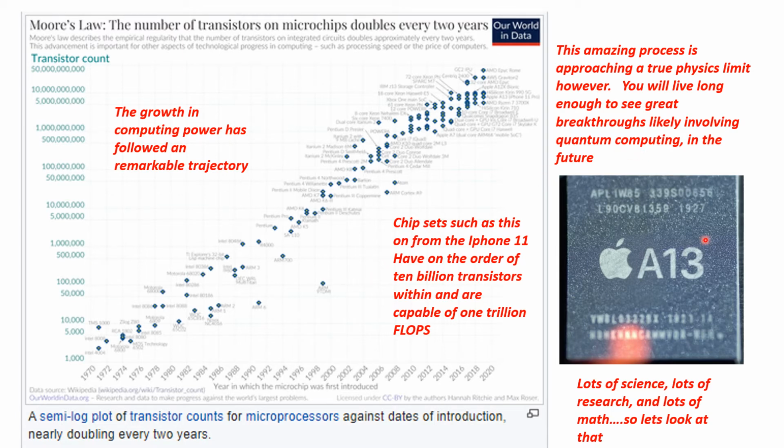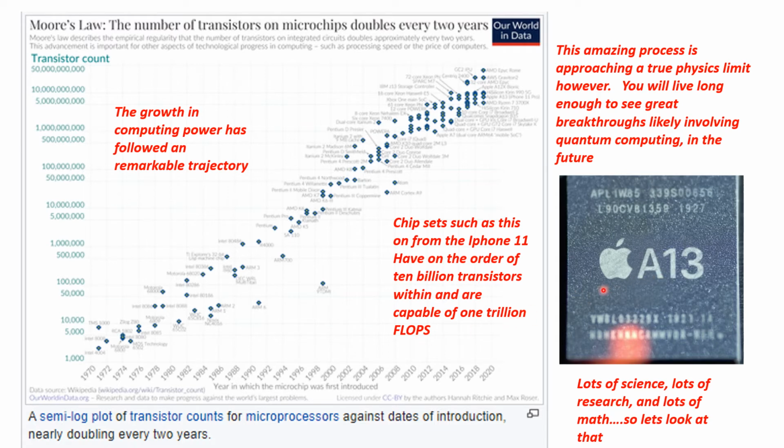Chipsets, such as this one taken from the iPhone 11, have on the order of 10 billion transistors right on this little thing, and actually it's smaller than I made it look in the picture. And these are capable of 1 trillion floating point operations per second. Very powerful stuff.